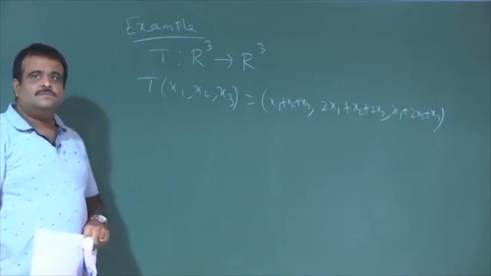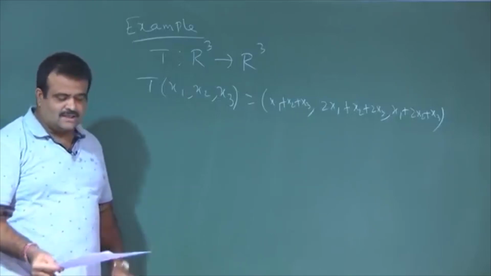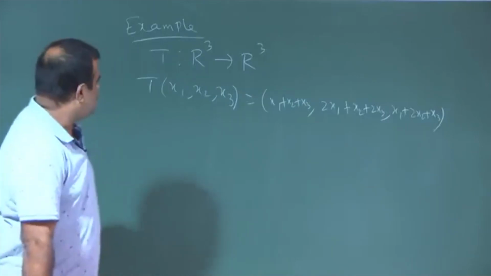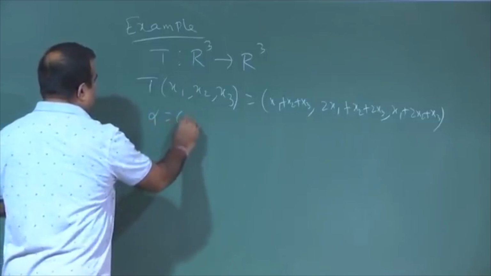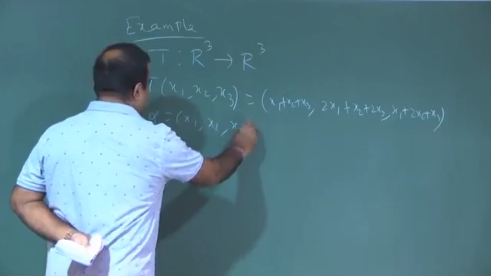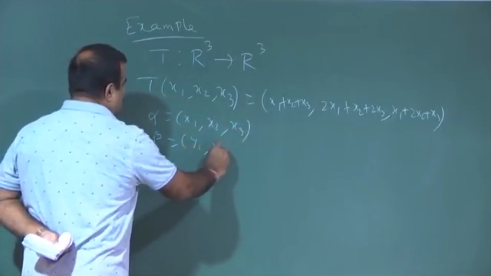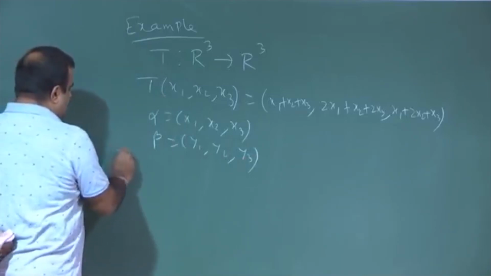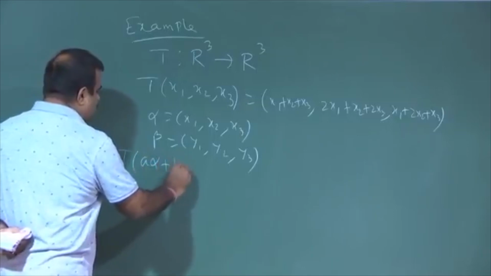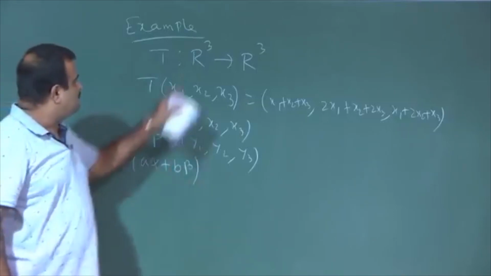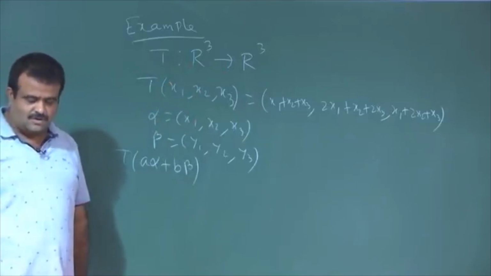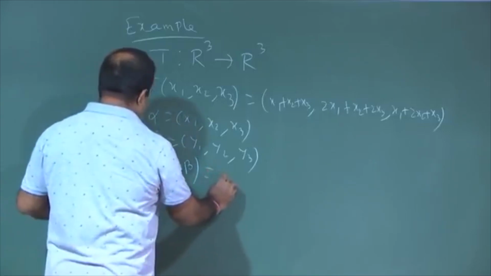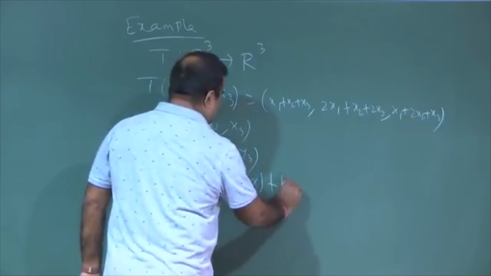If we have this transformation, then we are going to show that this is a linear transformation from R3 to R3. To show this, we have to take two vectors alpha, beta. We take alpha as x1, x2, x3 and beta as y1, y2, y3. Basically, we need to show T of A alpha plus B beta, where A, B are two scalars, meaning real numbers since this is over the real field, equals A T alpha plus B T beta.